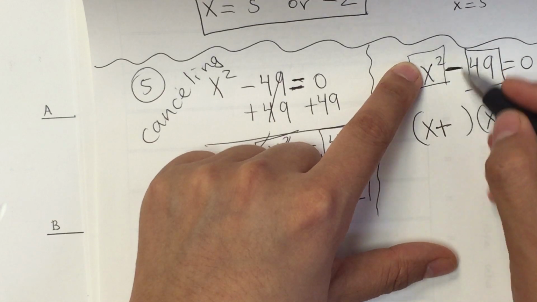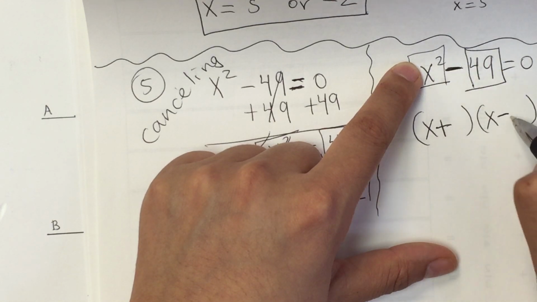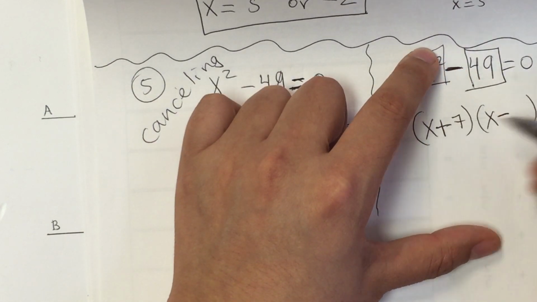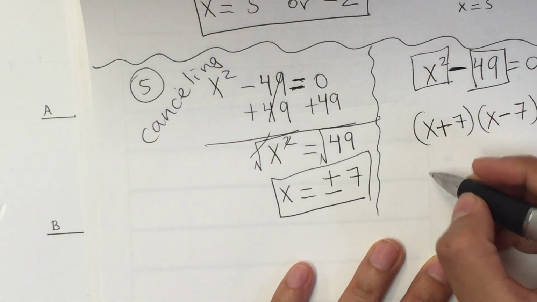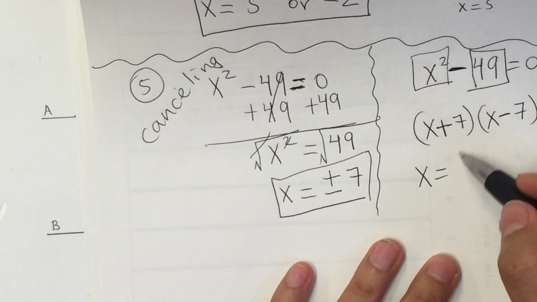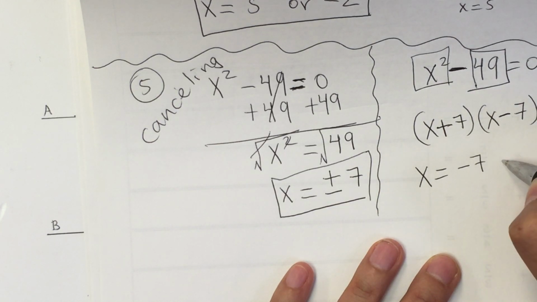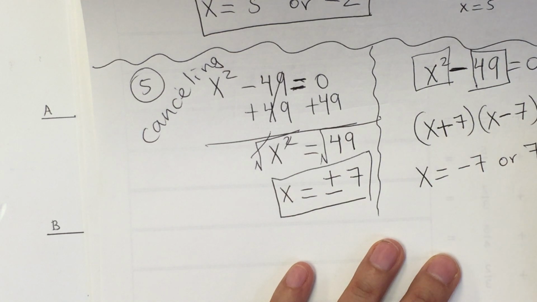That's what cancels the middle term, because one positive and one negative are the same cancels. And then the square root of the second one, which is positive 7, negative 7. So the x is equals to the opposite, meaning negative 7, or the opposite of this, which is positive 7.